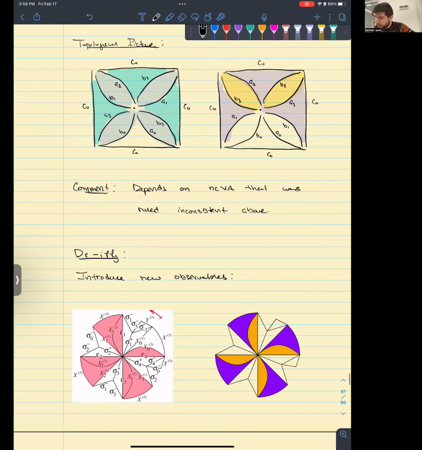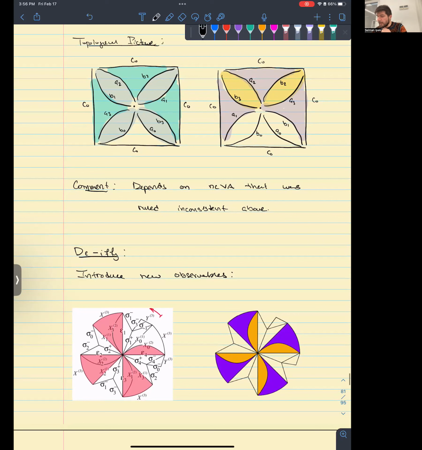This topological picture, where is it coming from? Each of these faces has to do with simultaneously observable measurements. So basically, the whole measurement scheme can be bifurcated into 2 topological pictures, one in which C1 is equal to 0, one in which C1 is equal to 1. That's pretty much the idea.